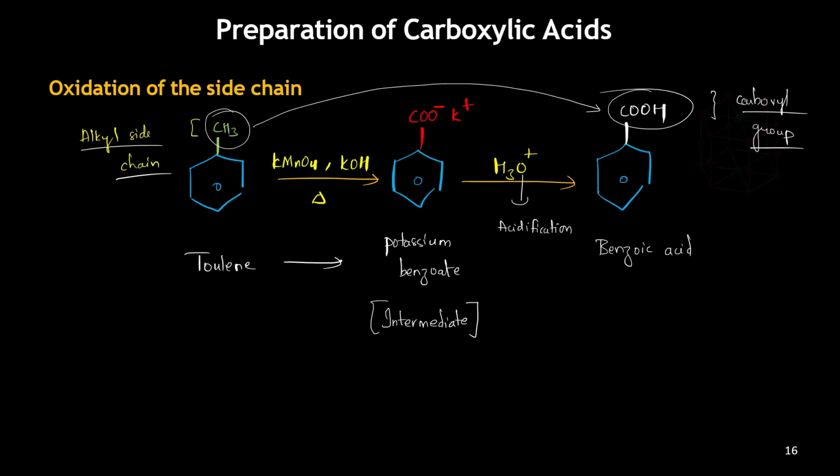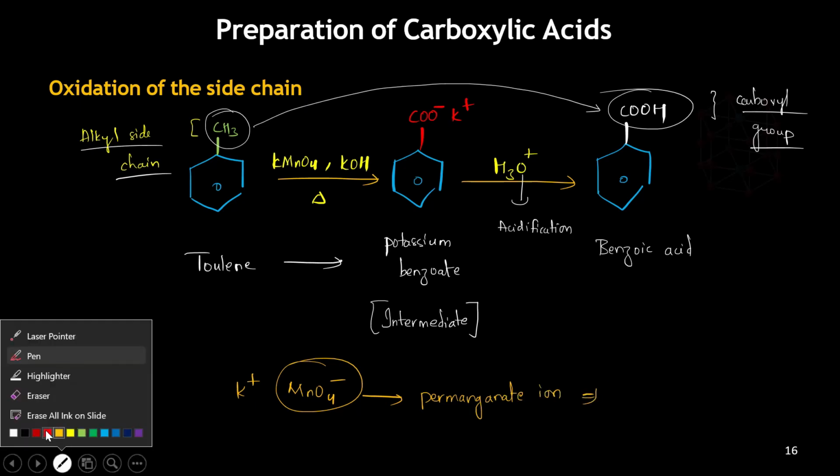Okay. And remember, you should notice here. So whatever the KMnO4 is there, it will break down into K+ and MnO4−. So this MnO4−, we call it the permanganate ion. This permanganate ion is a very strong oxidizing agent.